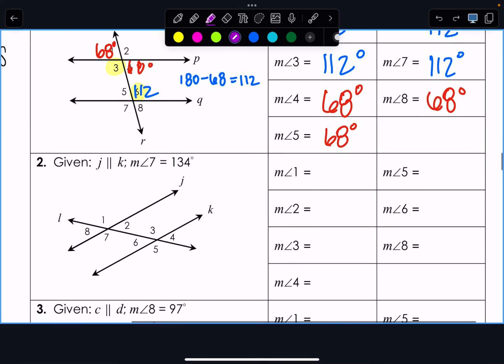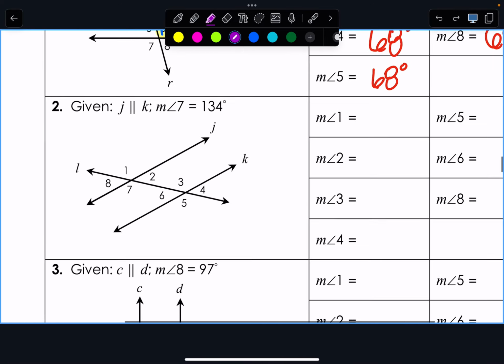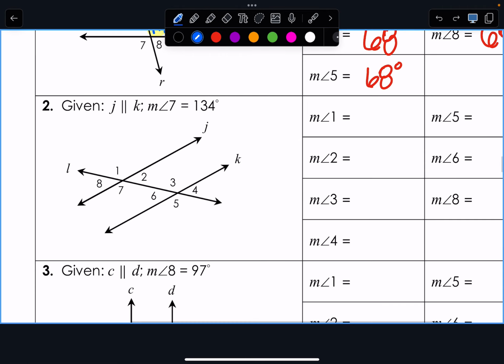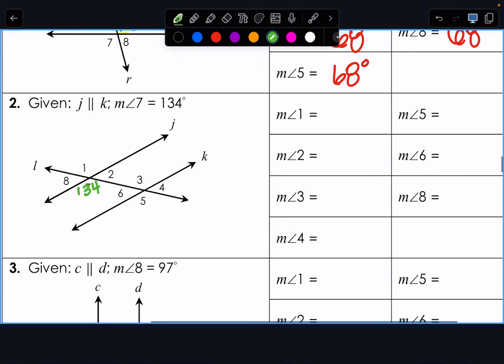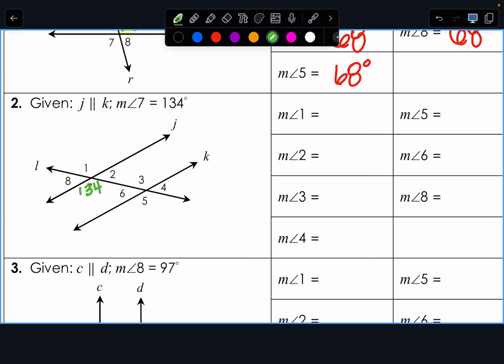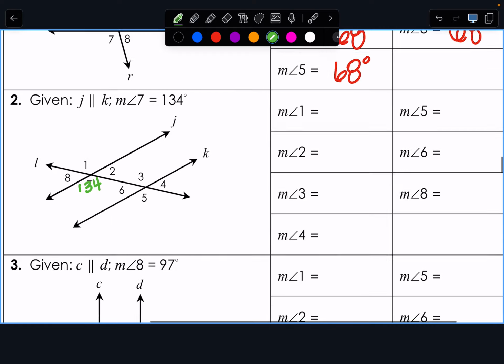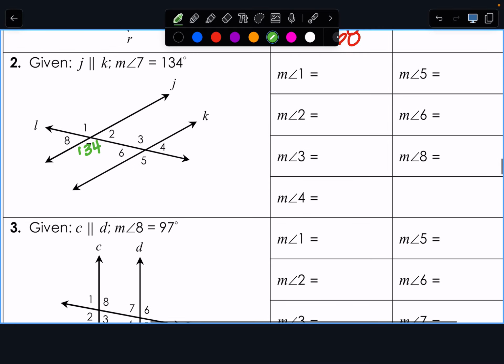Let's look at number 2. Everybody find angle 7 and write in 134. Channing, give me another angle that's also 134.